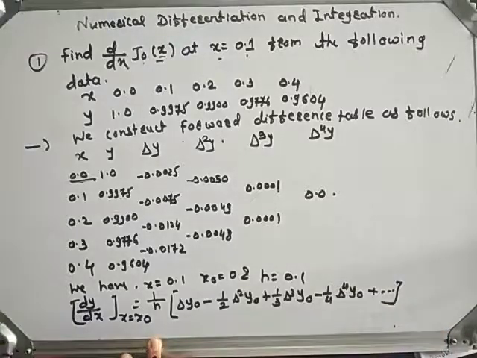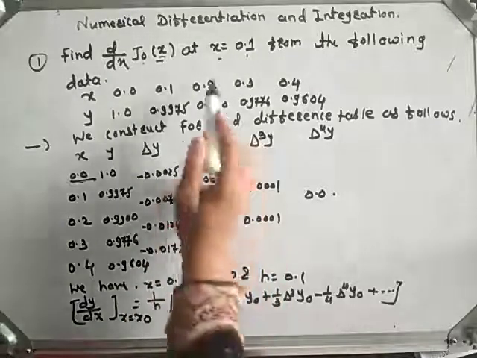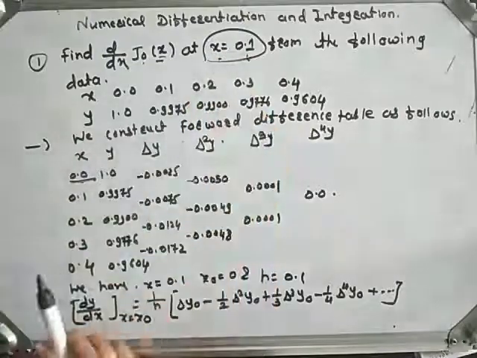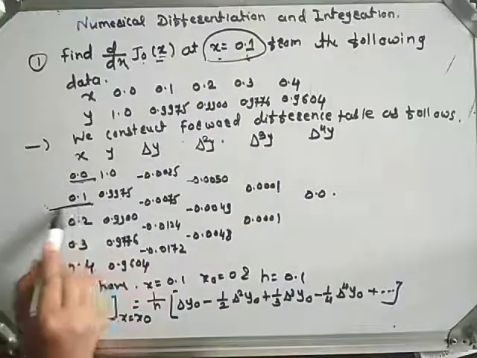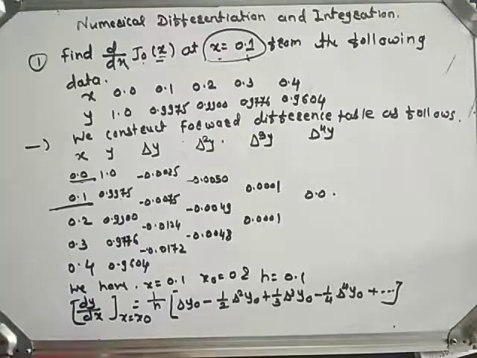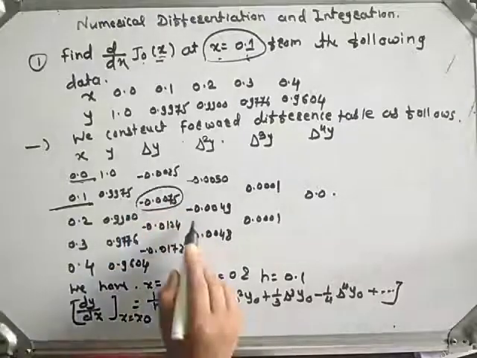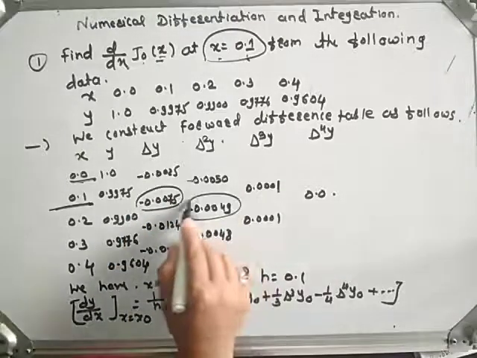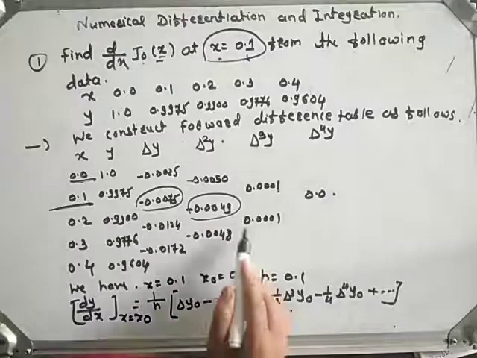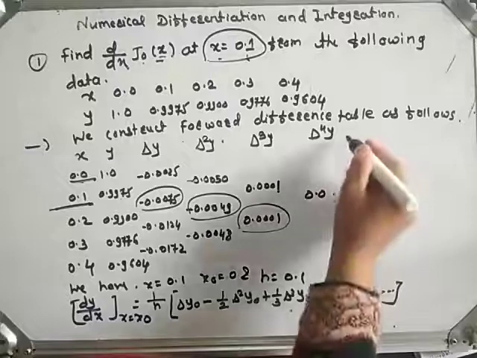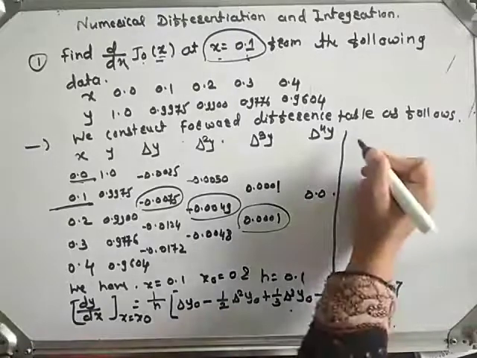Okay. Now observe that you have to calculate the derivative at the point x equals 0.1. So here delta y0 is this value, delta square y0 is this value and delta cube y0 is this value. Okay. So write here.